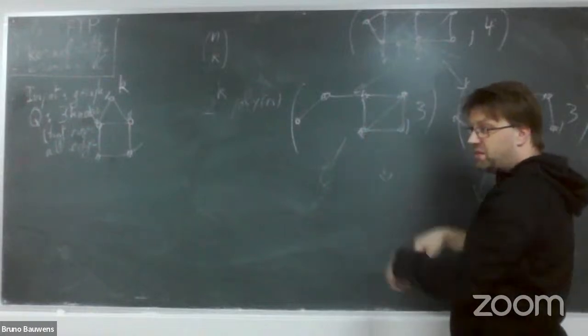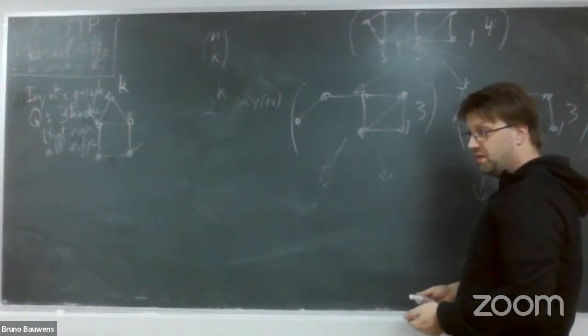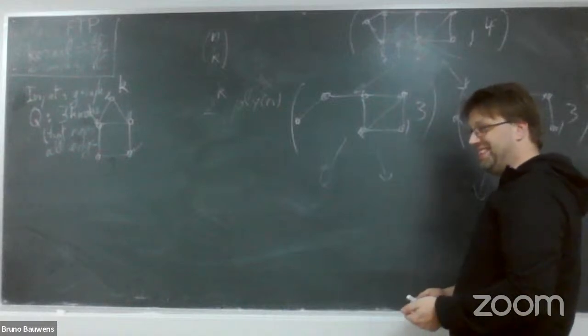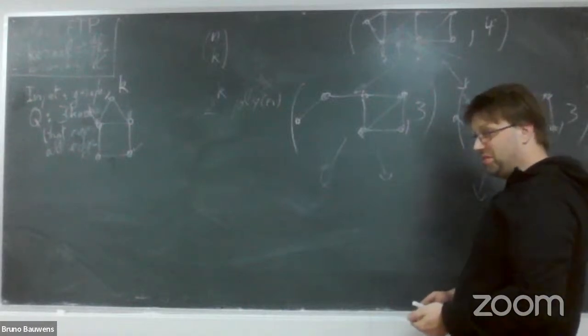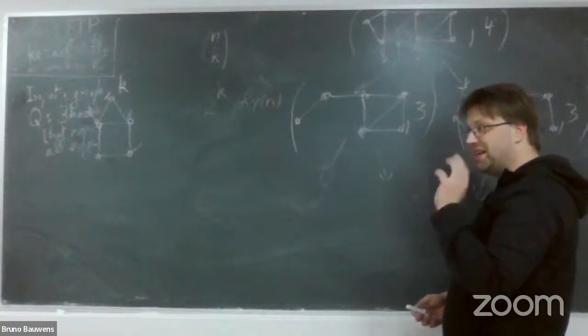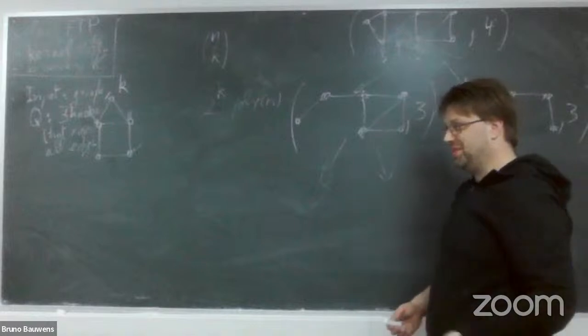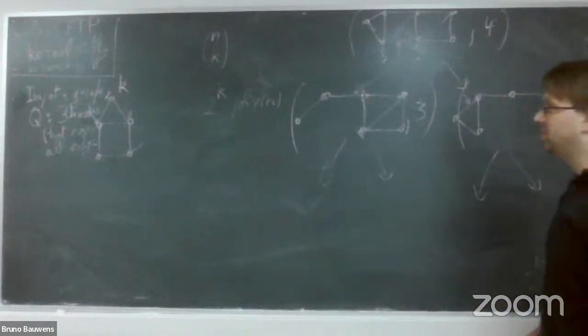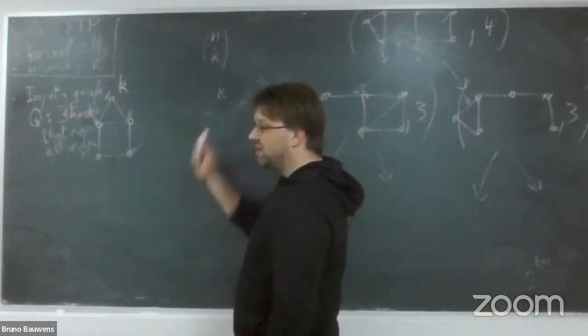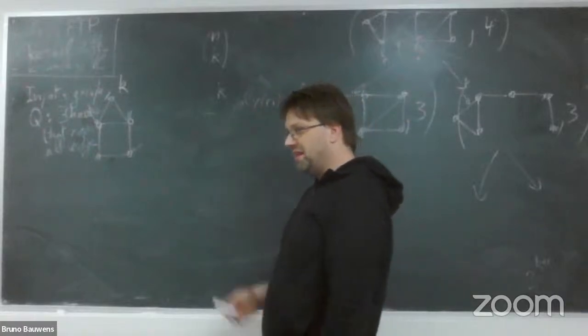And this gives a better branching algorithm. Not always better, but we will speak about how we can ensure that it's always better. So we will add something, and then we will get a better base than 2 to the power k. But I'm going too fast now.